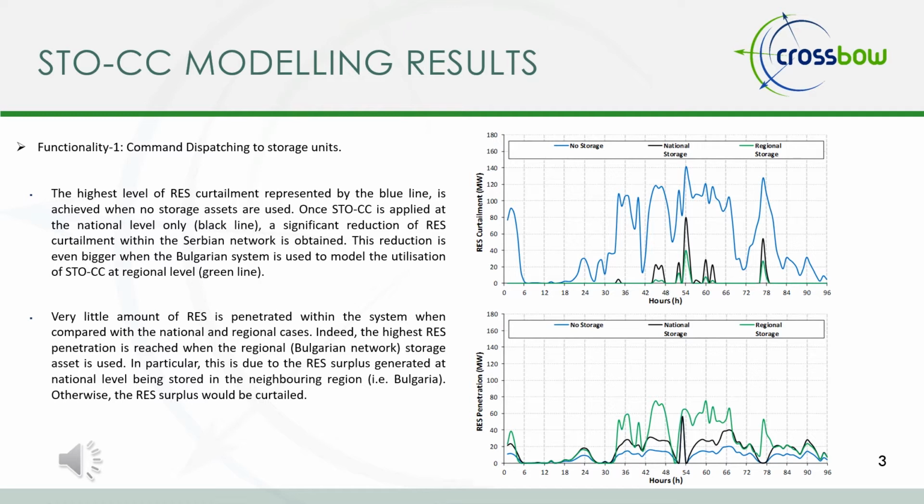The figure on the right-hand side at the top shows the level of RES curtailment when no storage, national storage and regional storage are used, whereas the figure on the bottom shows the level of penetration when exactly the same conditions are considered.